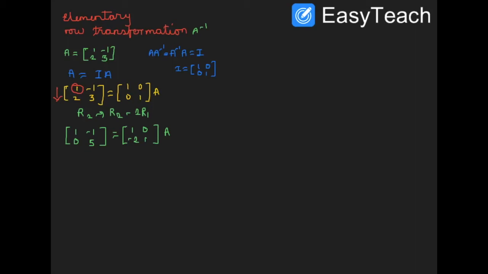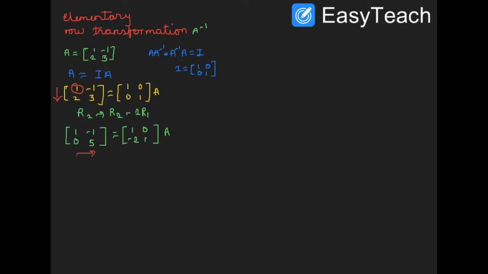So what was my aim? My aim was to get a 1, 0, which I have gotten over here, but I have moved in a particular manner. I am moving row wise. Now once this gets converted into 1, 0, next what do I do? I move to the right hand side.